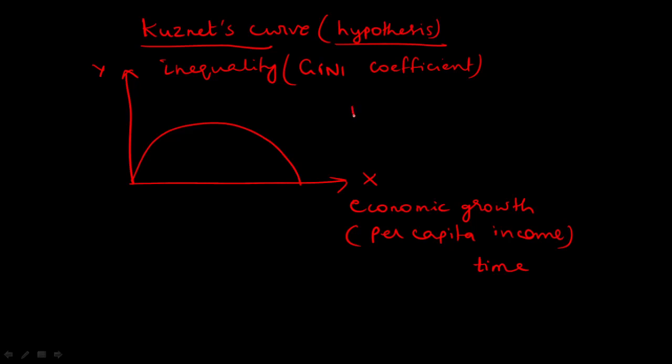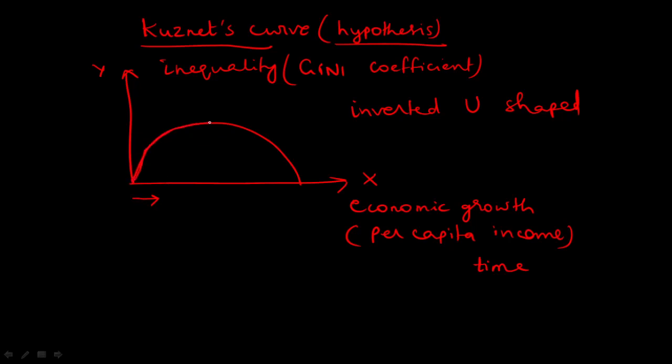Kuznet's curve is basically an inverted U-shaped curve. So let's try to explain what this curve means. When the economic growth or per capita income is very low, inequality rises as per capita income increases. So as we move in this direction, that is, as economic growth increases, inequality also increases.